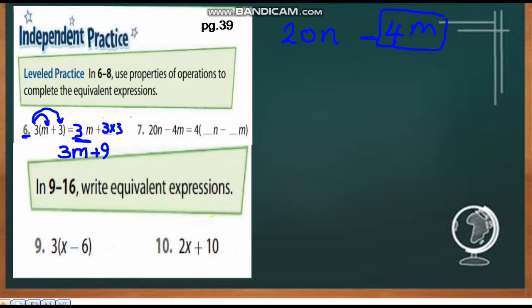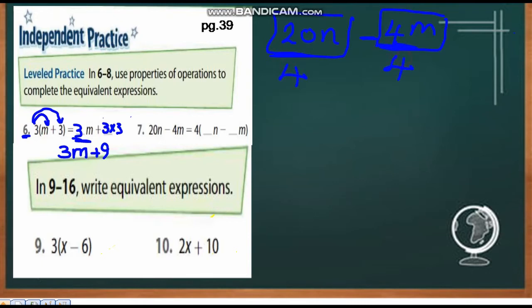So here I have two terms, 20n and 4m. I need to take a common factor from both of them. What I mean by taking a common factor is dividing both of them by the same number. So think with me, what is the common factor here between 20 and 4? Here it's 4, so I'm going to divide 20 by 4 and 4 by 4.